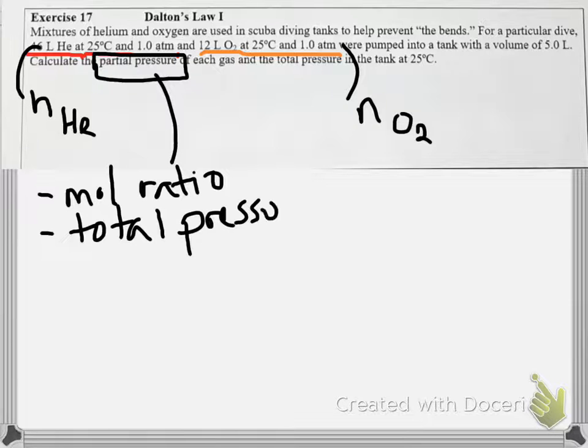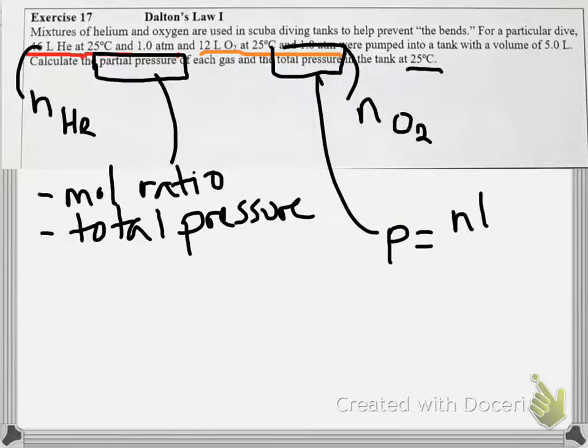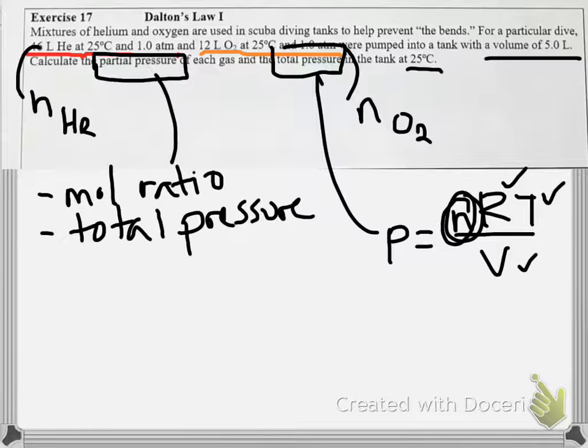And then we are also told that we need to find the total pressure in the tank, and we're given a temperature. So pressure equals nRT over V. We have the volume, that's right there. We have the temperature. R is a constant. Moles will be our total number of moles because we're looking at P total, not just P oxygen or P of helium.